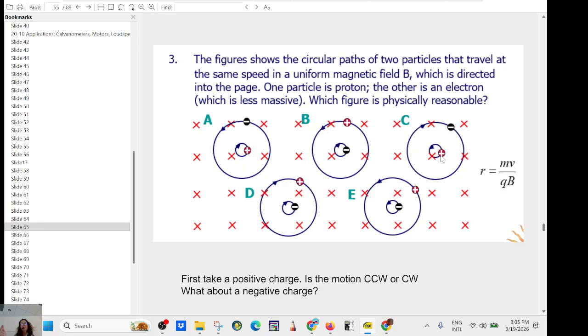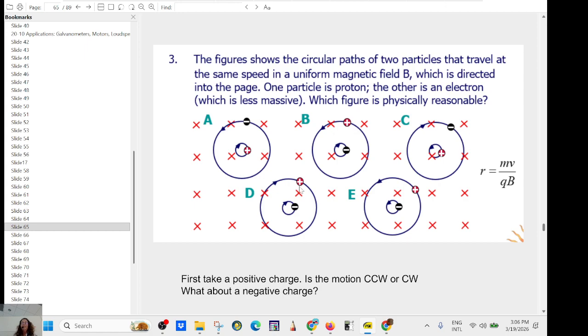No, the opposite, right? So which one will? Oh, okay, I don't know. I'm tired. Which one has more mass? The proton, right? So it has to be answer B or D or E. Do you agree? Okay, because the proton has more momentum, so it's like a truck making the turn, it's harder to steer.